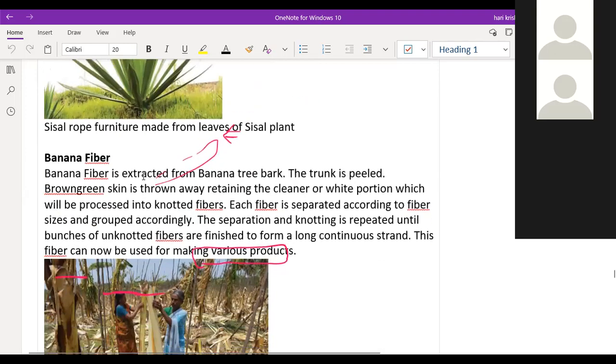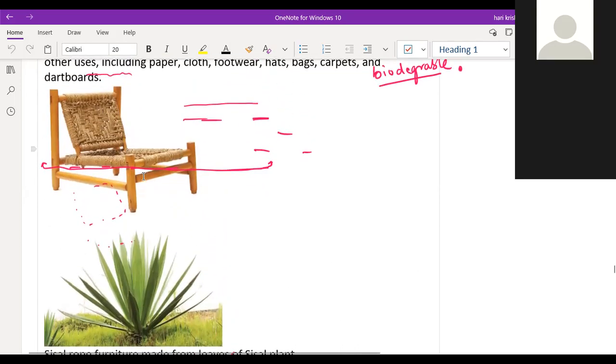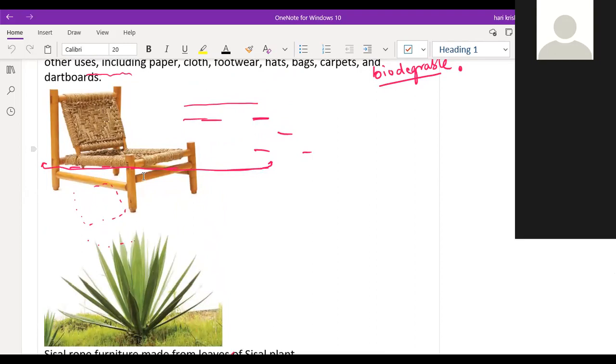Sir, how is sisal fiber made from the leaves? First it's green in color, okay, no problem. But when you dry it completely for some days under suitable environmental conditions, you can get the fiber, right? Similarly, like jute.